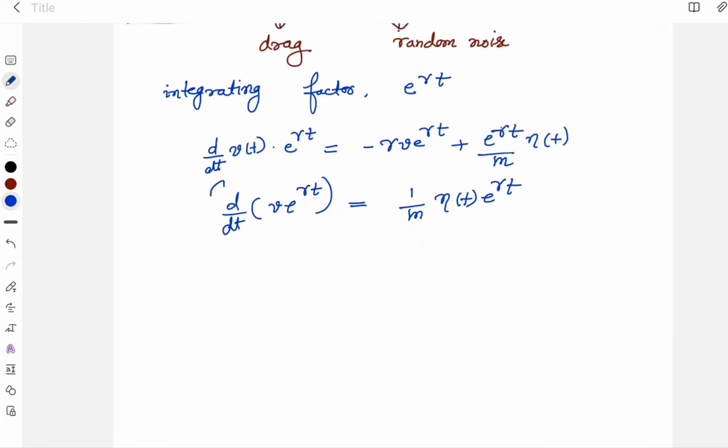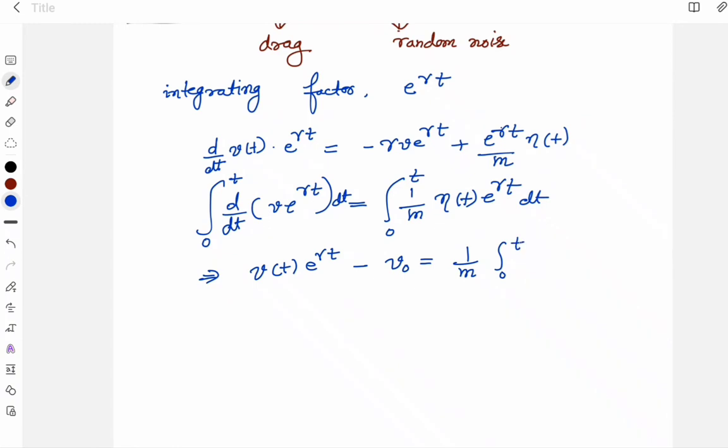Now integrate it from 0 to t, dt. We will have V(t) e to the power gamma t minus, at 0 time, the value v0, is equal to 1 over m integrated over 0 to t, eta(t') e to the power gamma t' dt'. Let us put a prime here because our limit is up to t.